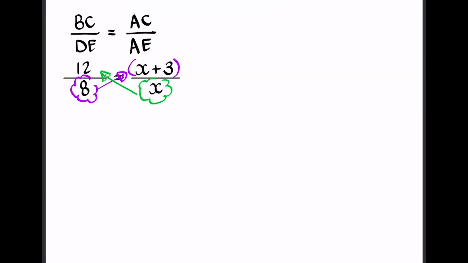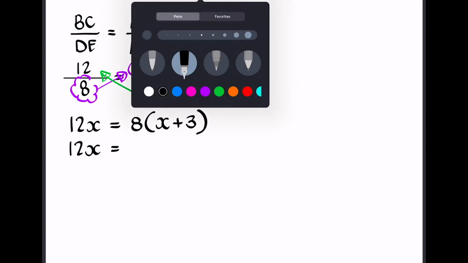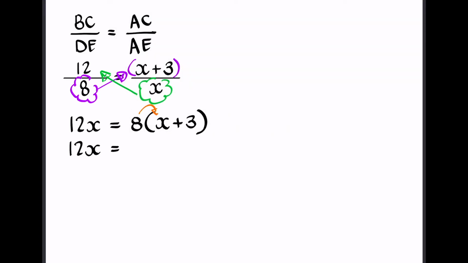So I have 12 times X, which is 12X, equal to 8 into X plus 3, because it's a binomial at the top. So I have 12X equal to, now this 8 is going to jump into the bracket, so it's going to multiply with the X, and it's going to multiply with the 3. So I'm going to have 8 times X, which is 8X, and 8 times 3, which is 24.